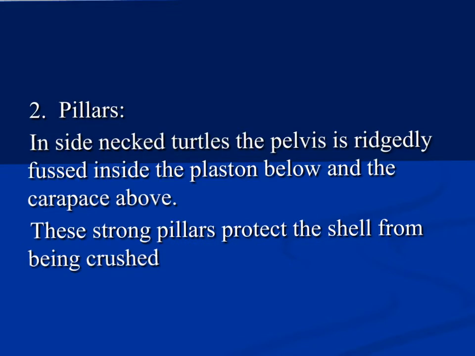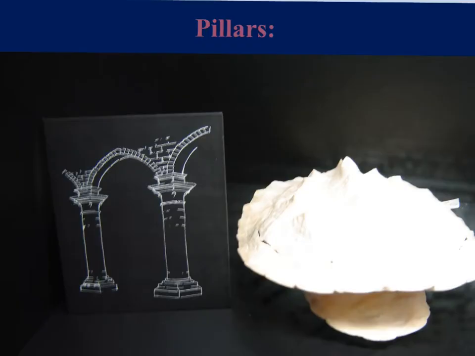How about pillars? Pillars are also used to strengthen and protect buildings, to give support. The sides of the turtle, in that pelvic area that's fused together inside the plastron and below the carapace, we find pillars present.